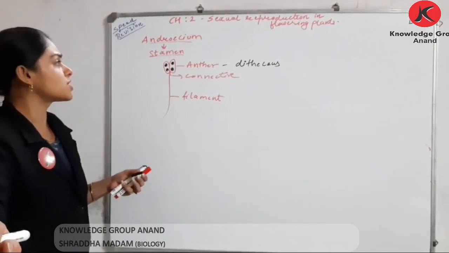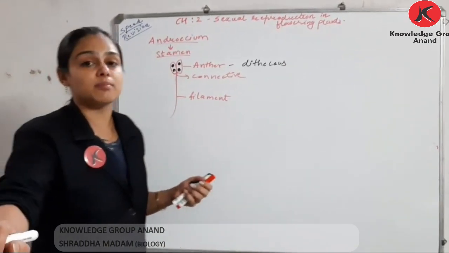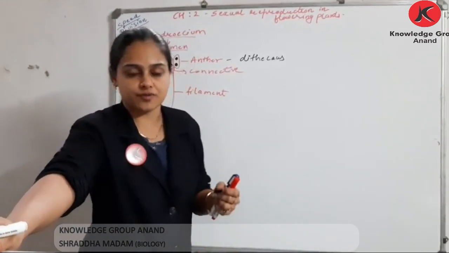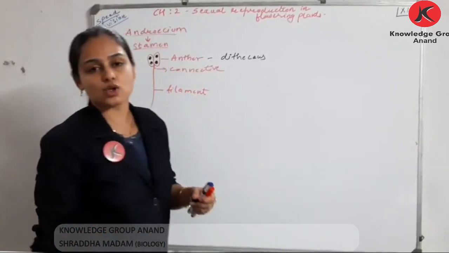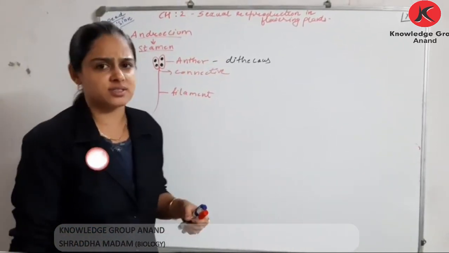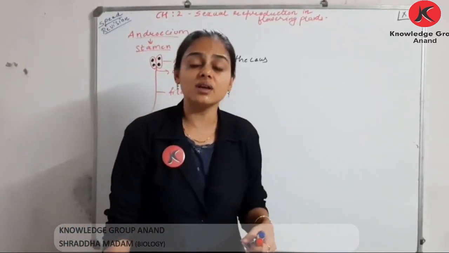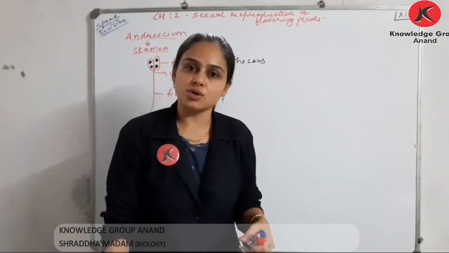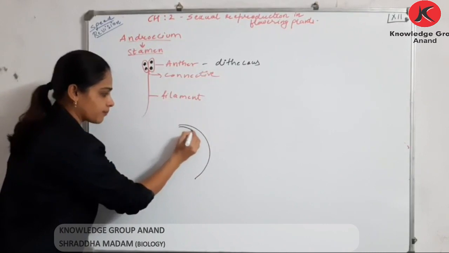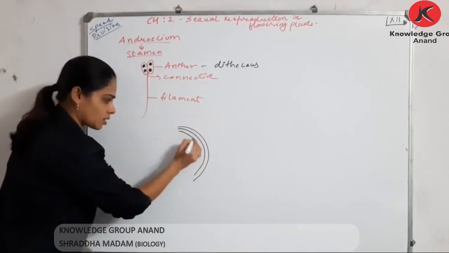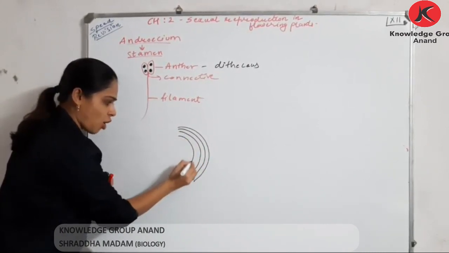Now if you are focusing on your microsporangium, then this microsporangium has how many walls? कितनी walls होती हैं? It has 4 walls. Outermost, 1, 2, this is your third, and this is your fourth.